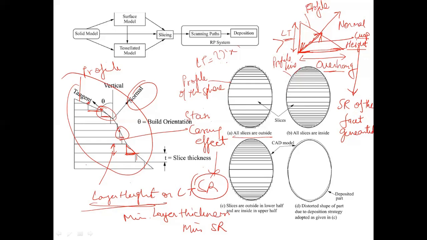So you will have a defined surface roughness which will be desirable, but not optimal. But the problem with contraction is that if it contracts, you are already at the outer periphery of your profile line, and you will end up with a part which is below the required dimensions, which cannot be taken care of.